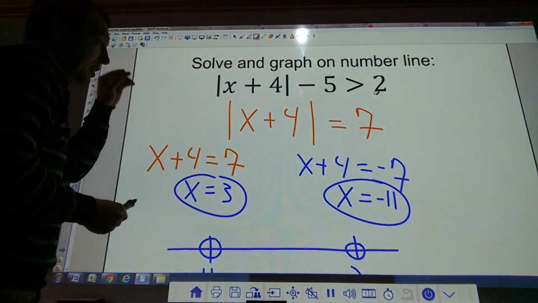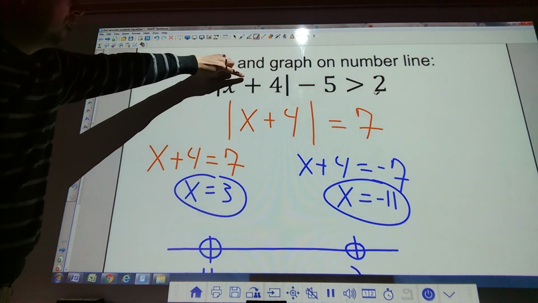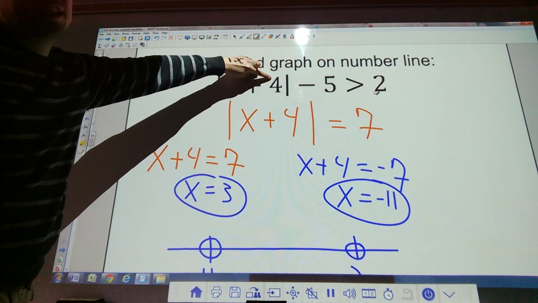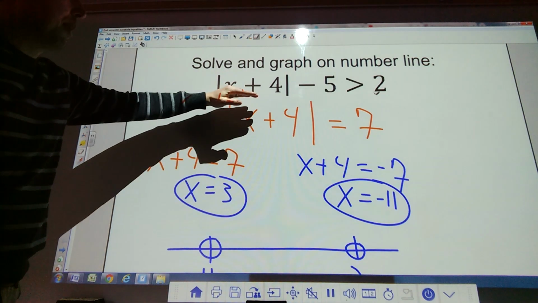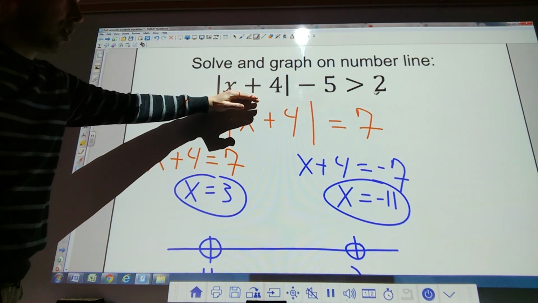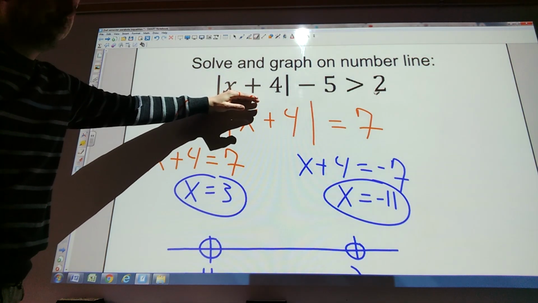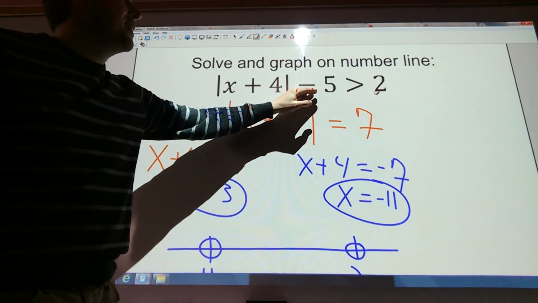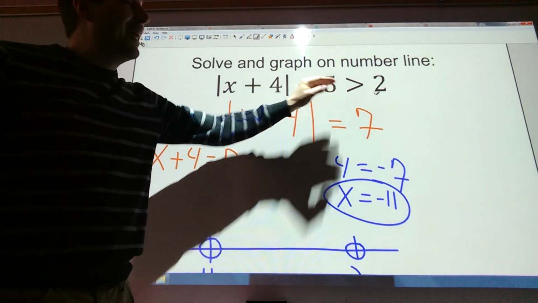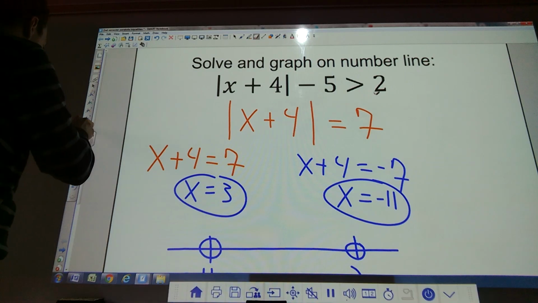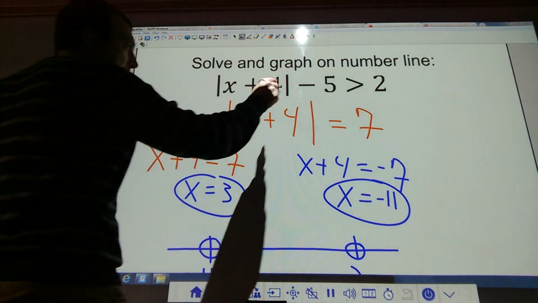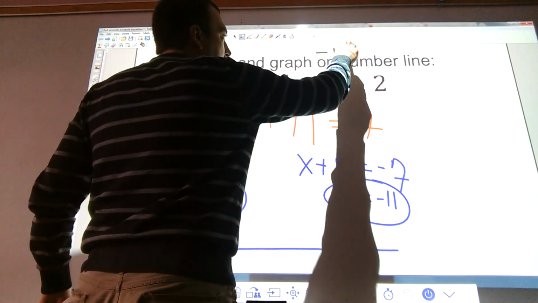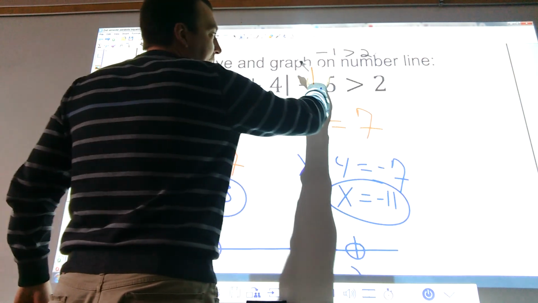So let's plug in 0. 0 plus 4 is 4. Absolute value of 4 is 4. 4 minus 5 is negative 1. So when I plug in 0, I get negative 1 greater than 2. Is that correct?